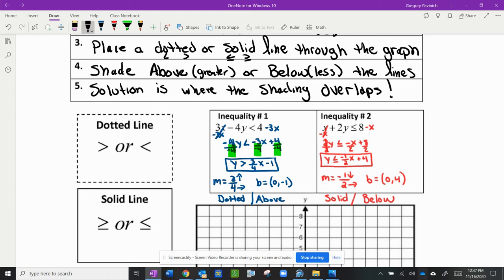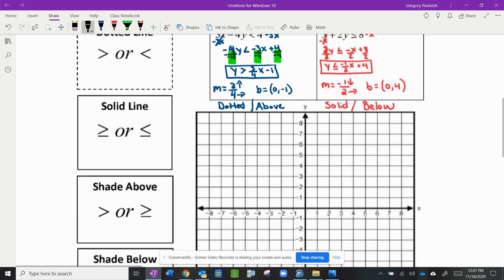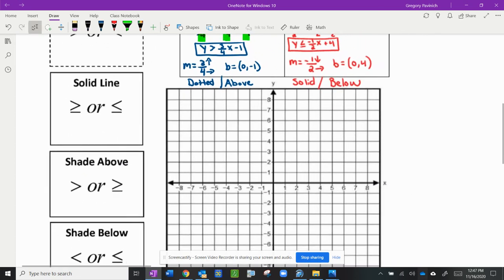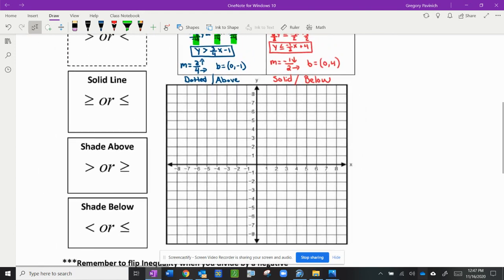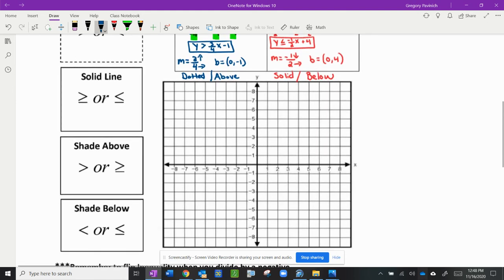Okay, so at the very end, we're going to find the solution by looking at where my two lines' shading overlaps each other. Okay, so I'm going to graph both of these lines, but one at a time. Otherwise, it gets to be too much on your page.